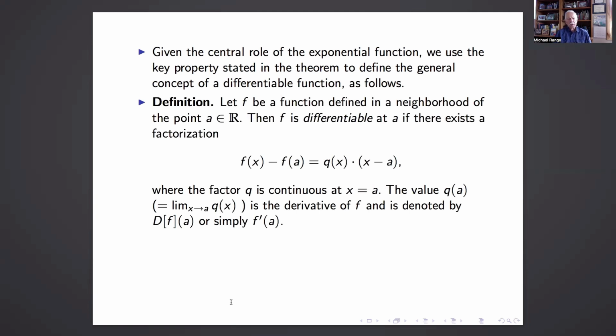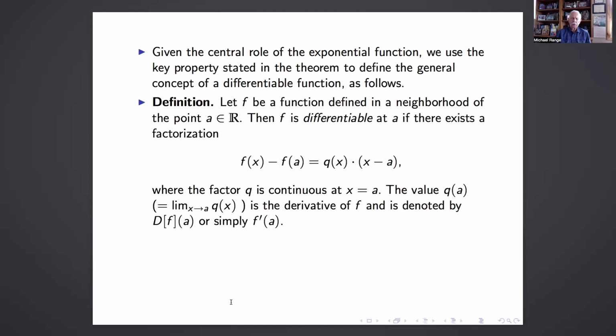Definition. Let f be a function defined in a neighborhood of the point a. Then f is differentiable at a if there exists a factorization f at x minus f at a is equal to q at x times (x minus a), where the factor q is continuous at x equals a.